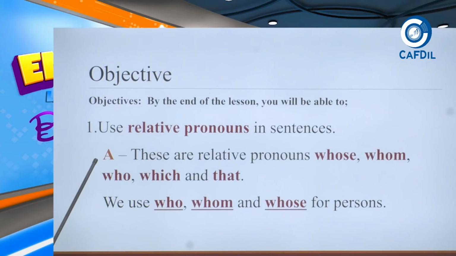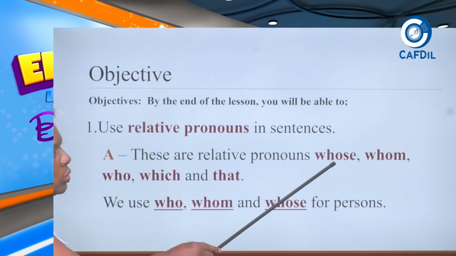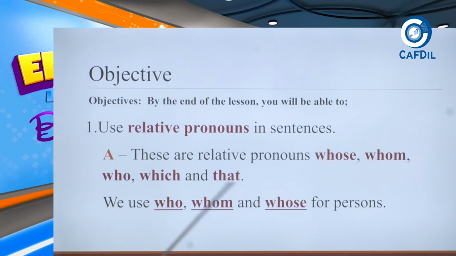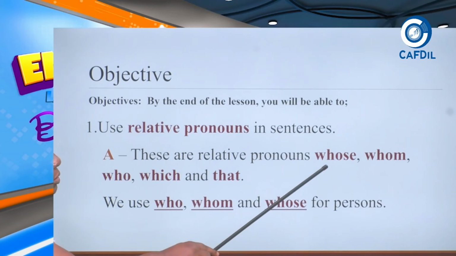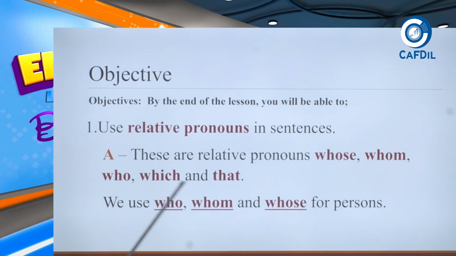Now, A. These are the relative pronouns. Let's see them. Whose, whom, who, which, and that. Let's take it again. The relative pronouns are whose, whom, who, which, and that.